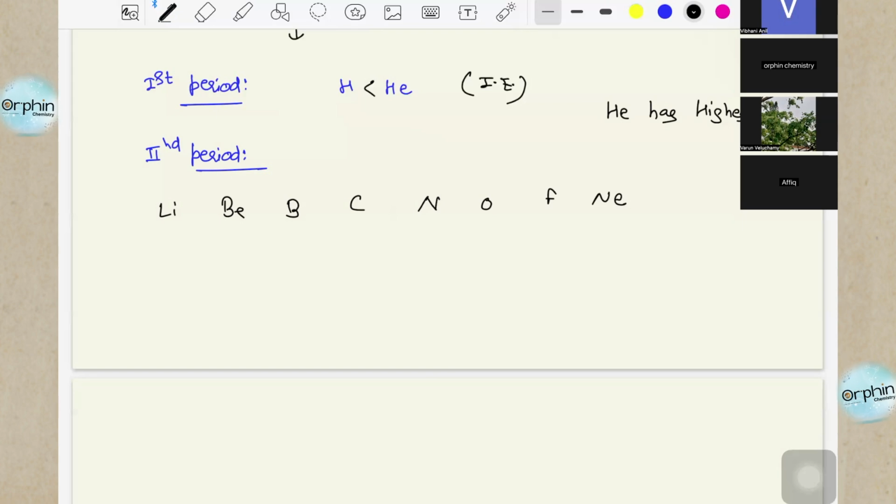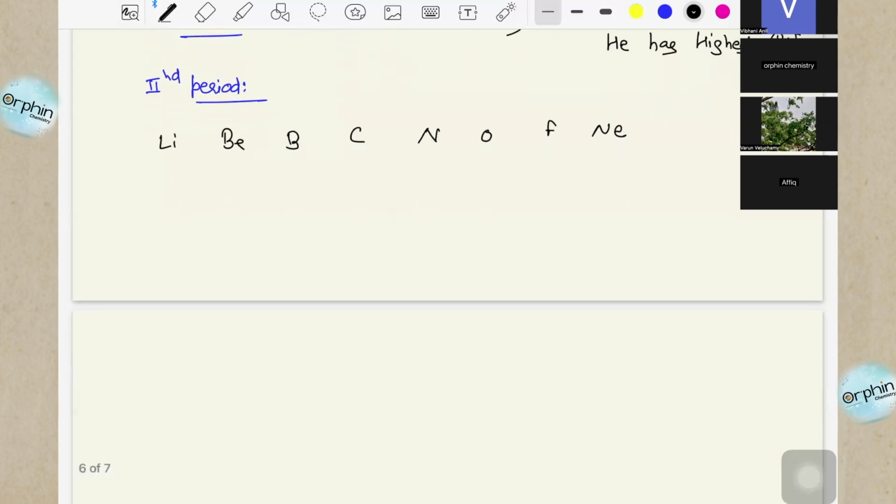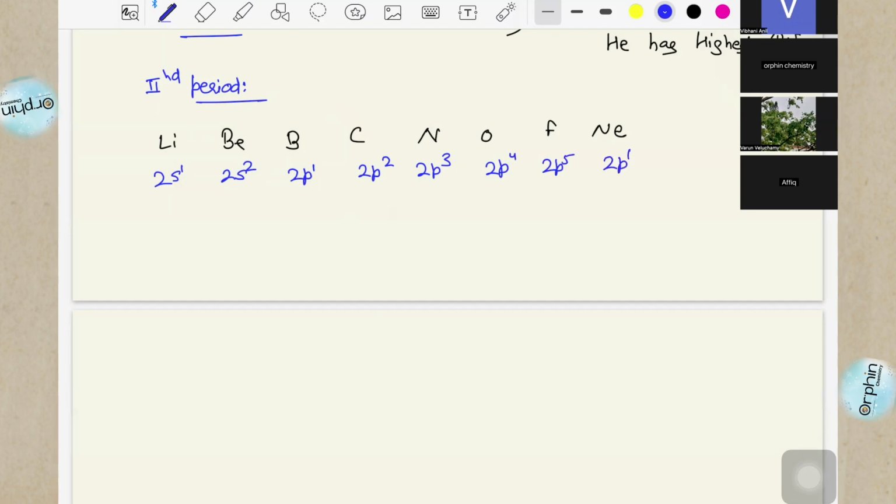So what to do when we are comparing the ionization energy? Always write the electronic configuration. Outermost only: 2s1, 2s2, 2p1, 2p2, 2p3, 2p4, 2p5, and 2p6. Right.